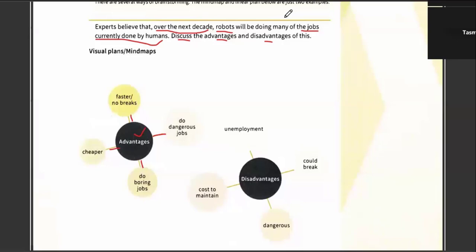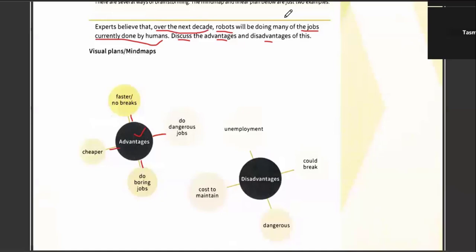And what are the disadvantages? The disadvantages are in unemployment. The people will suffer unemployment if robots take over, right? Then at that time, robots will only be working and people will be sitting idle. They won't have any jobs then. And then robots could break. People don't break. Robots could break.